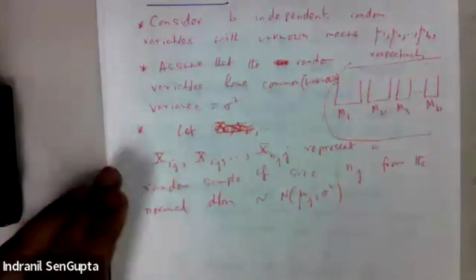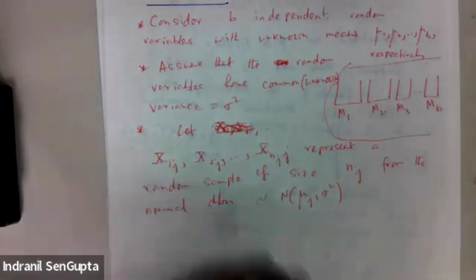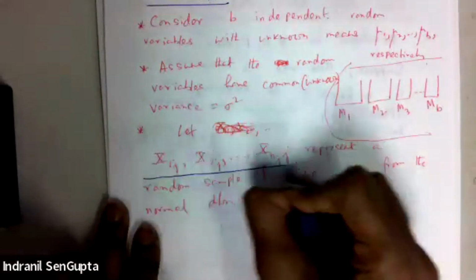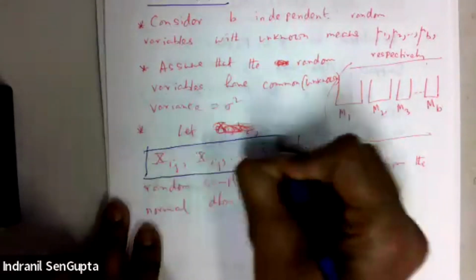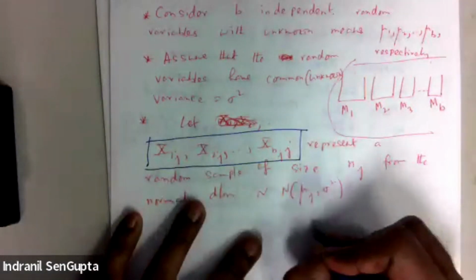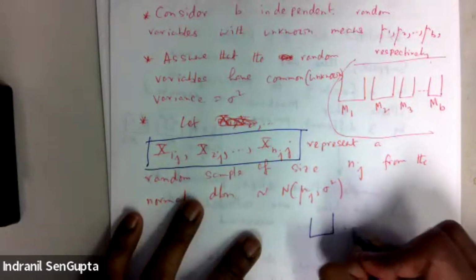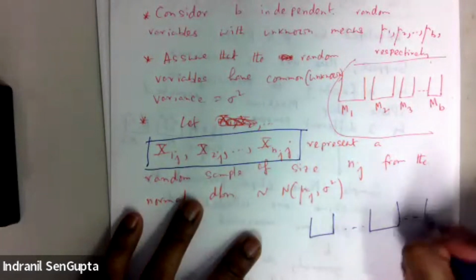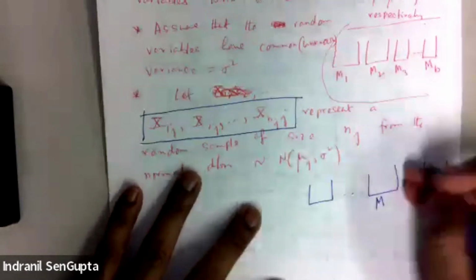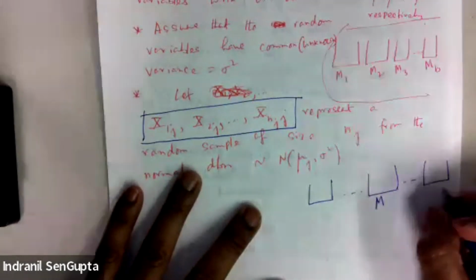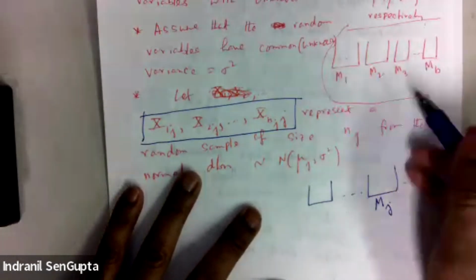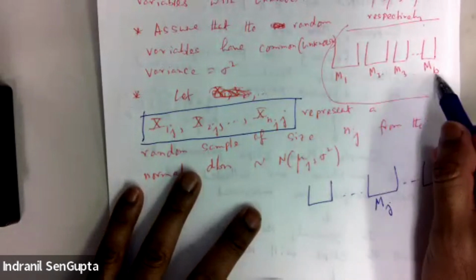Okay, let me just focus on this one. So what we are really saying is, what are these random samples? Suppose we have a bucket, as I have drawn before, but now I'll be just focusing on the bucket number m sub j. Okay, so there's m1, m2, m3 up to mb.